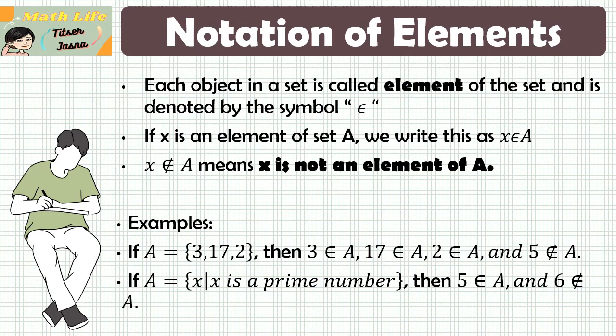Next, another example: if A is equal to the set of x such that x is a prime number, then 5 is an element of A. Why? Because 5 is a prime number. And 6 is not an element of A because 6 is not a prime number.